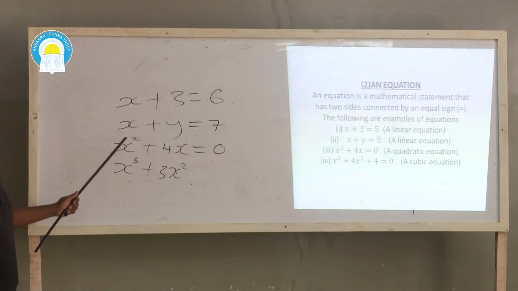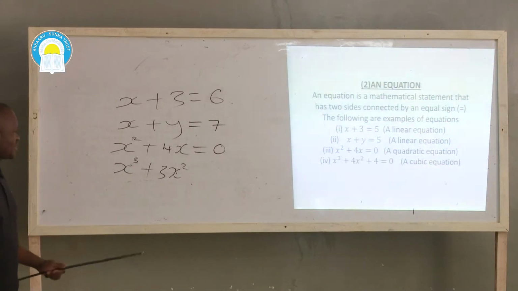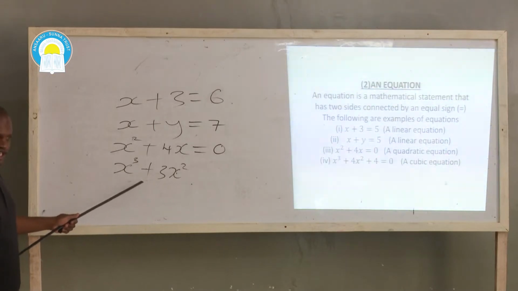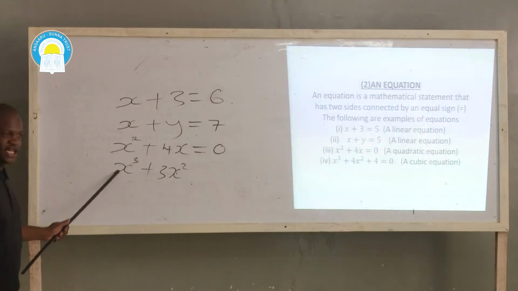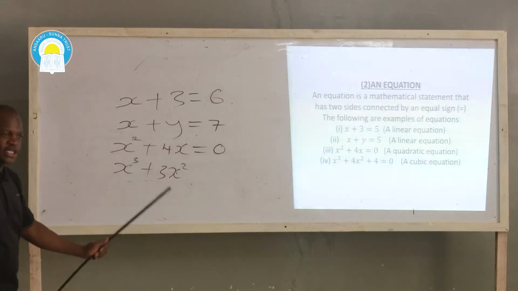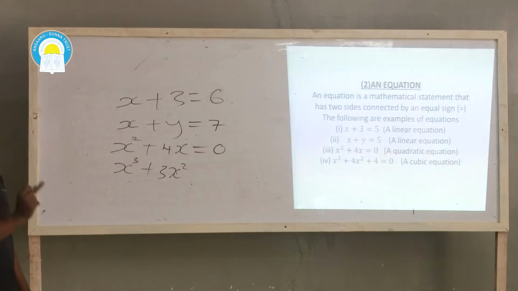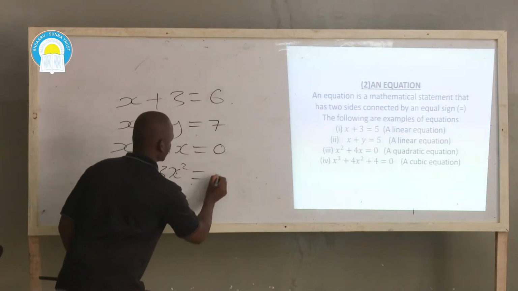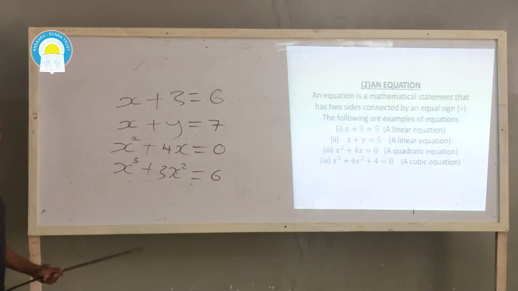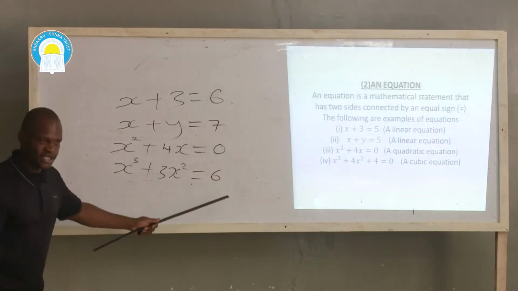Now we have a quadratic equation. Now we go to the last one. Here we have a cubic expression. Now I'm going to add equal to 6. Now that changes from an expression to an equation.